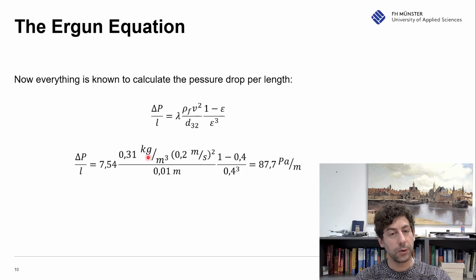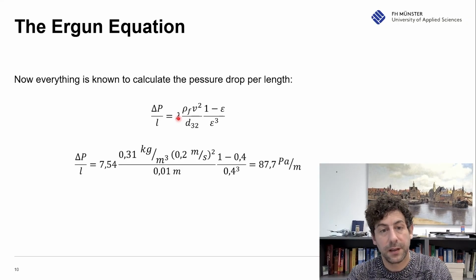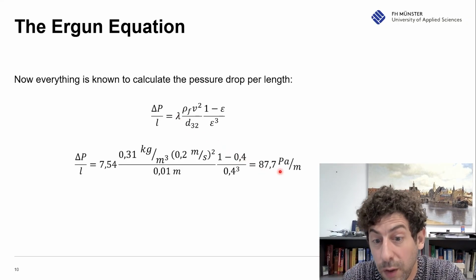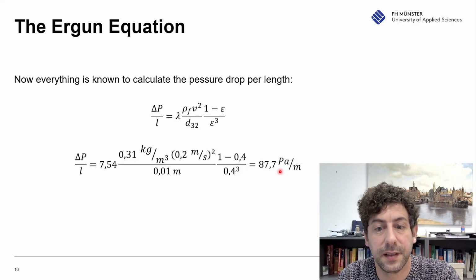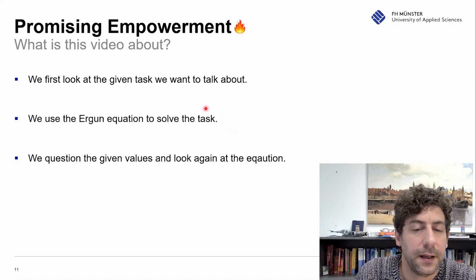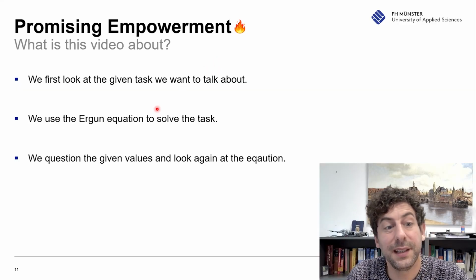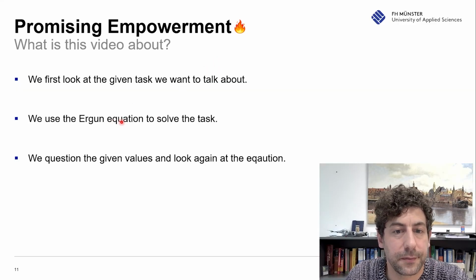But if we would decrease the particle size, the pressure drop would increase dramatically because of 1 divided by d square, which is a little bit hidden here because we also have it in the lambda via the Reynolds number. There's again d, so it's a d square dependency, and therefore this very low value makes sense in this example.